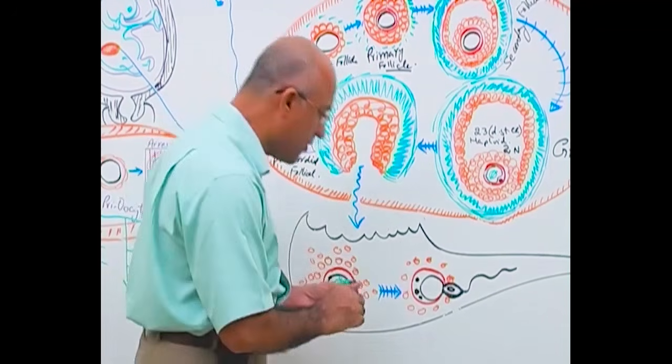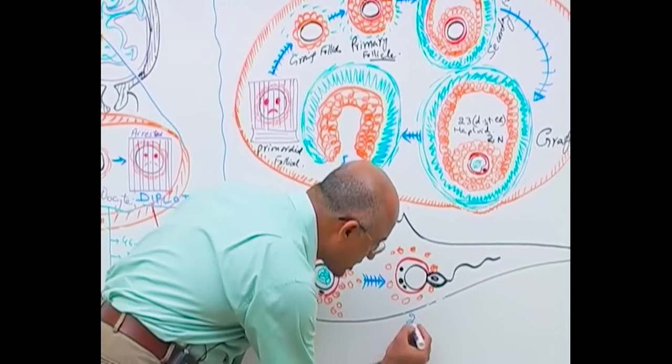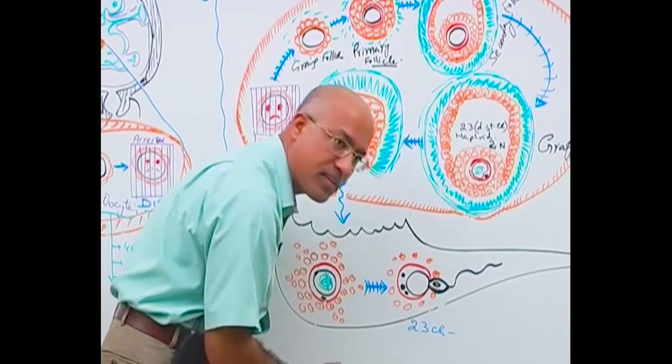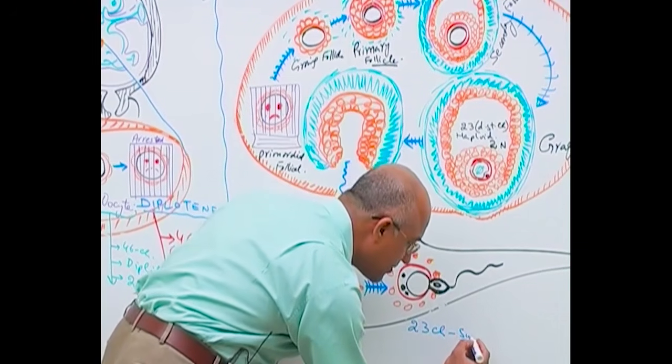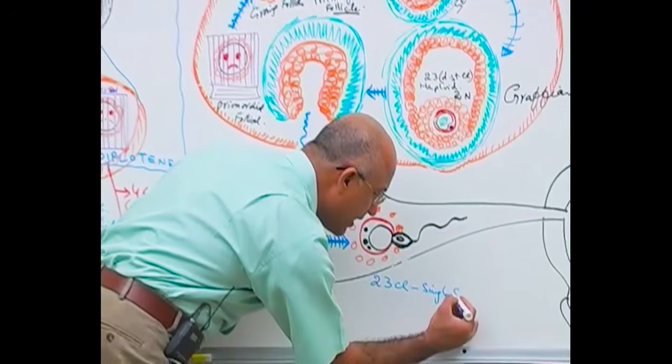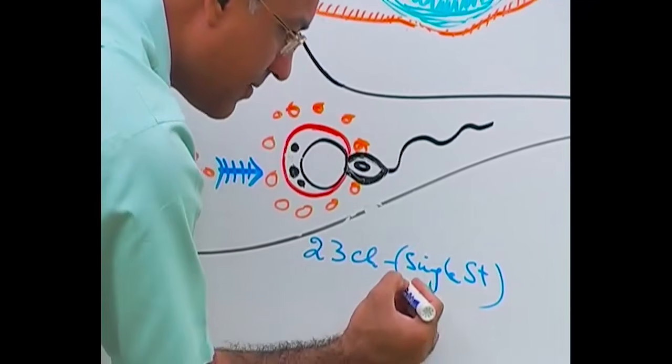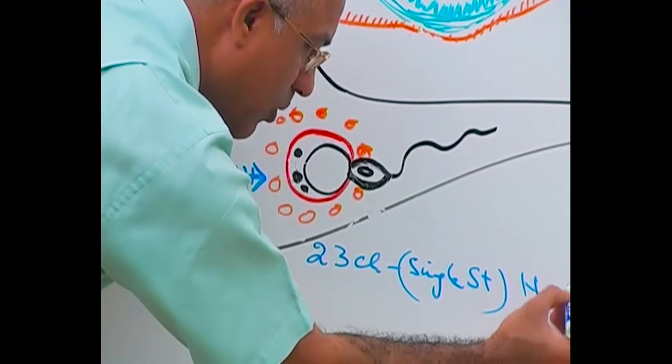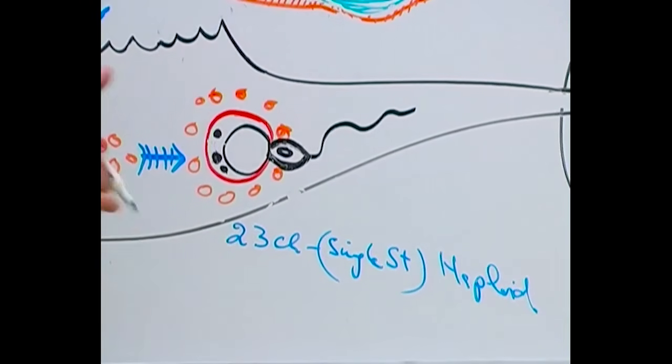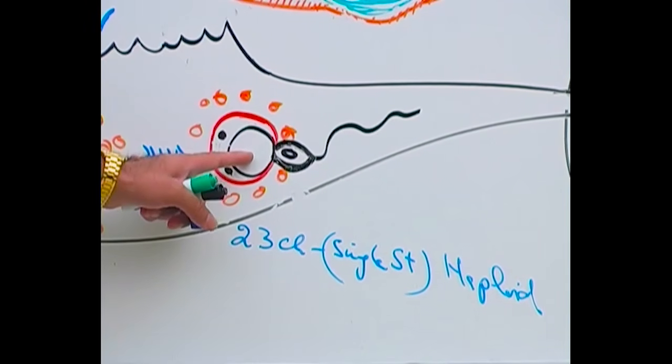This definitive ovum will now have 23 chromosomes which are single structured, single chromatid, right? So this is a haploid cell now. It is still haploid but now single structured, the definitive ovum.